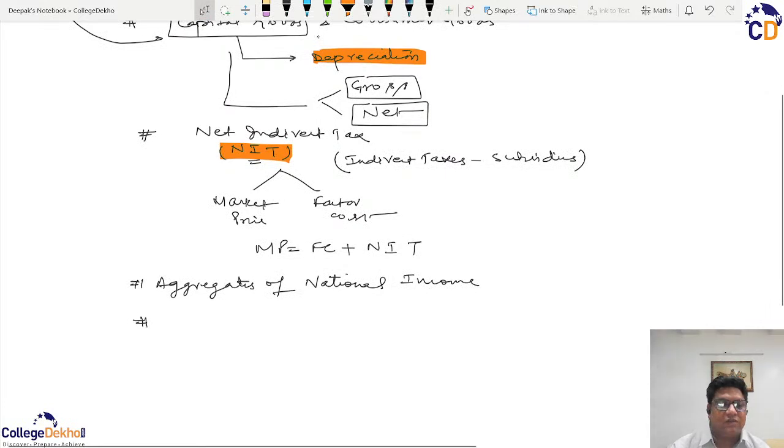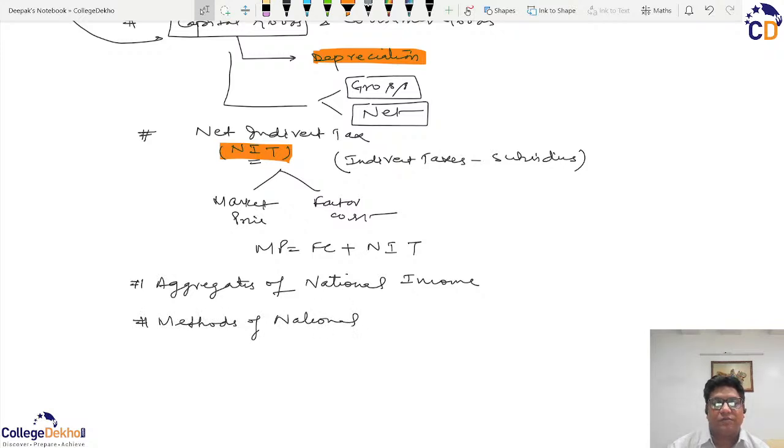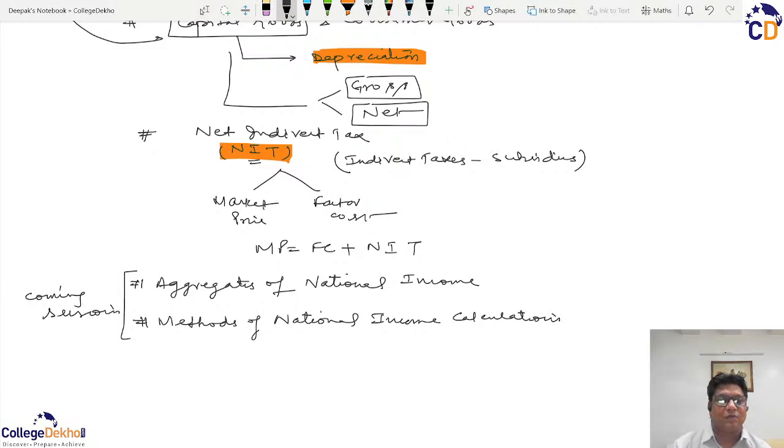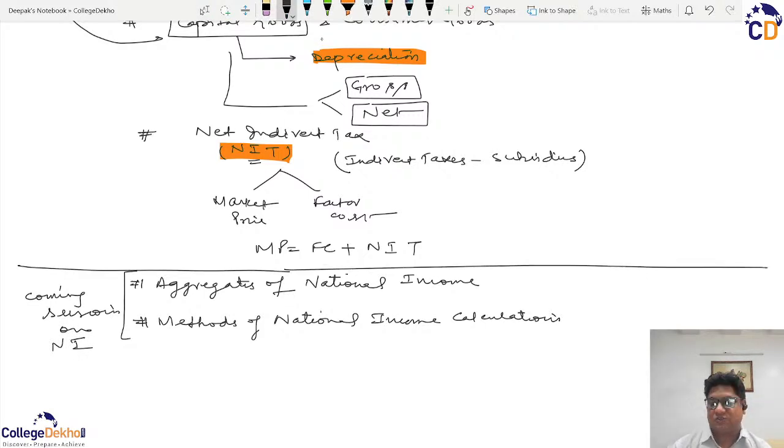The last part of this session series will be the methods of national income calculation, and there are different methods, which we will be discussing in the sessions to come. We will try to cover all the above in this session.